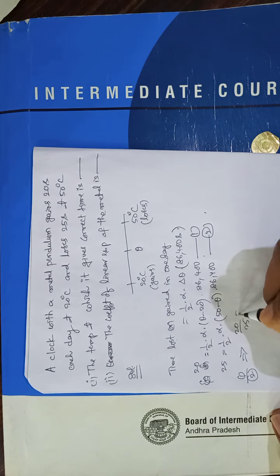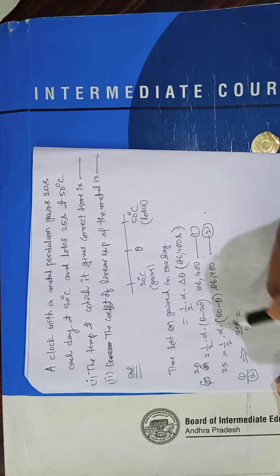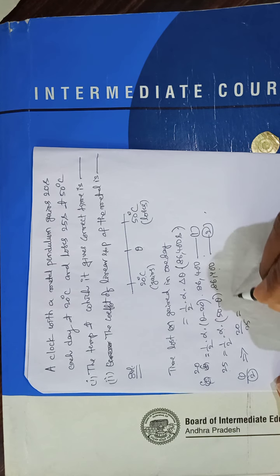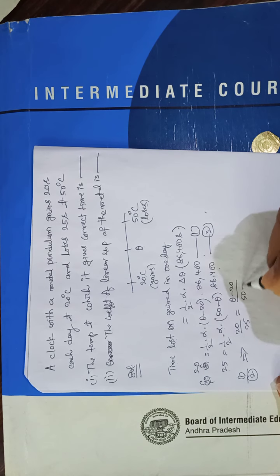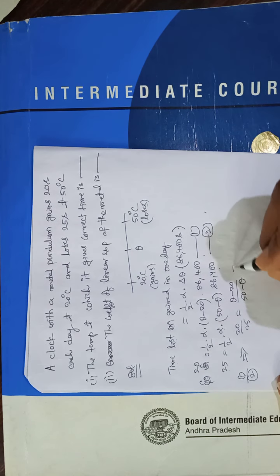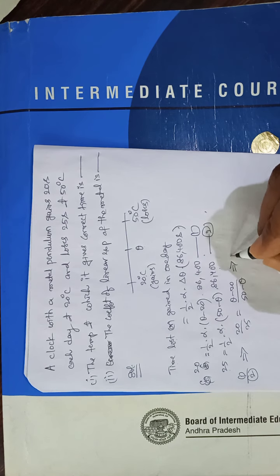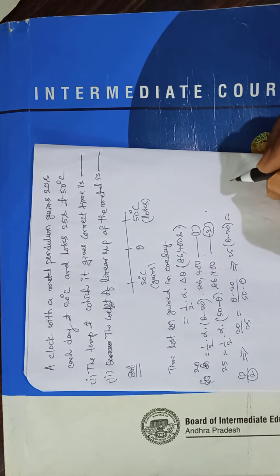20 by 25 is equal to, now this and this get cancelled, alpha gets cancelled, this also gets cancelled, so we are left with theta minus 20 by 50 minus theta. From this, cross multiplication: 25 into theta minus 20.